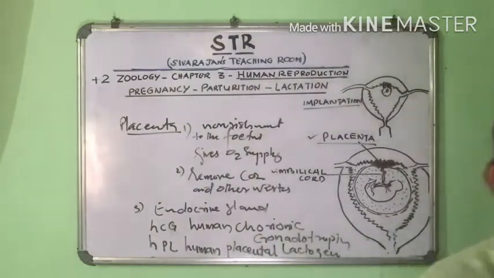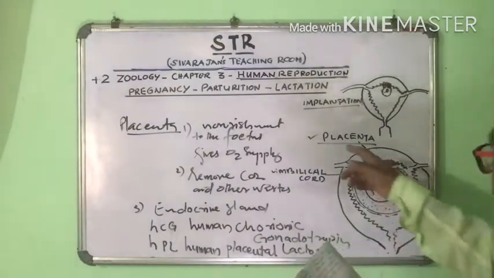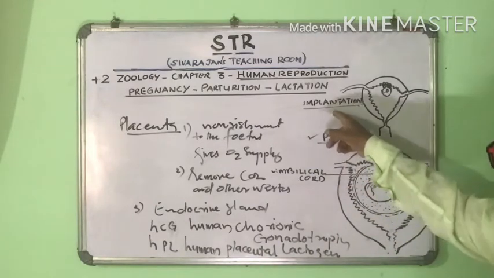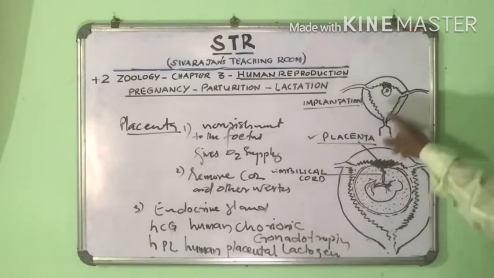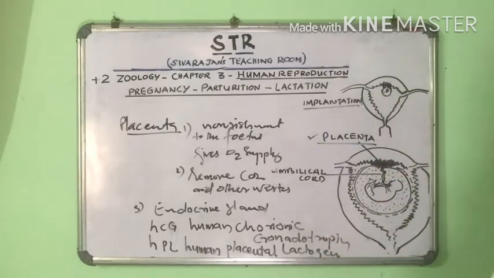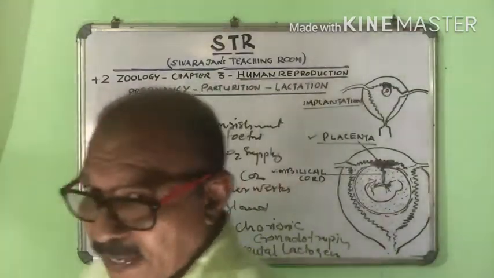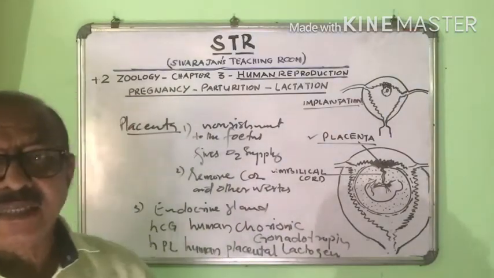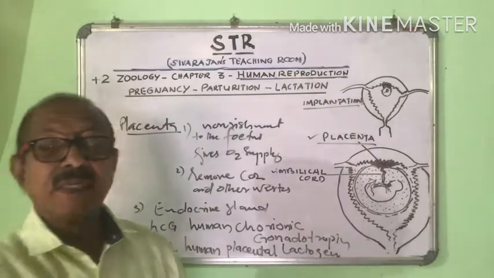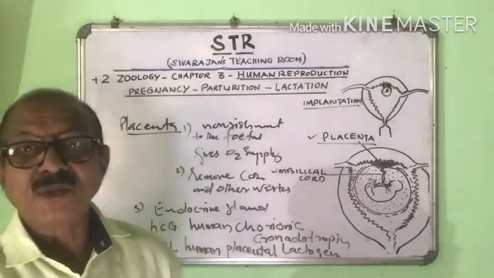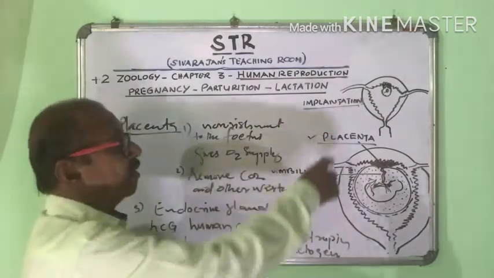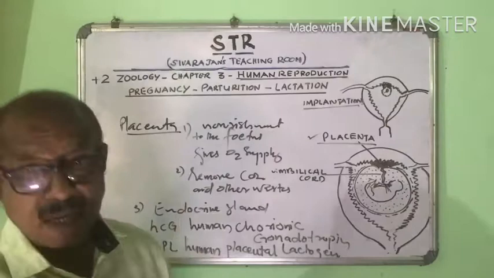Then, immediately after implantation, what happens next? The inner cell mass in the blastocyst multiplies by mitosis, and a huge number of cells are produced, and these cells differentiate themselves into 3 definite layers.